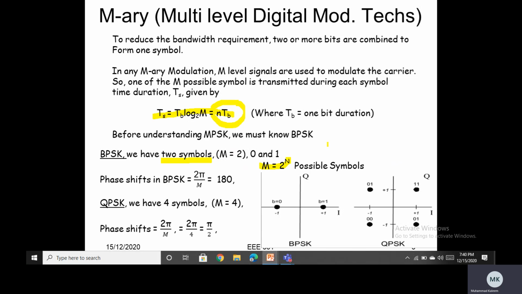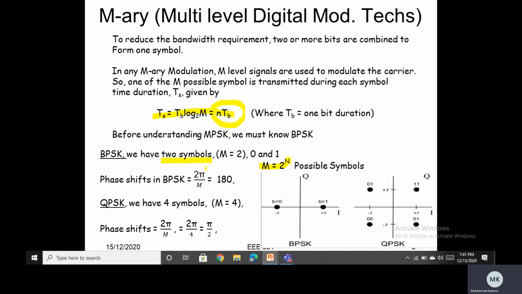M is equal to 2 raised to the power n, and if we put the value of n as 1, then 2 raised to the power 1 means 2. So the number of symbols used in binary phase shift keying is 2. The second important parameter we require is the phase shift between these two symbols.